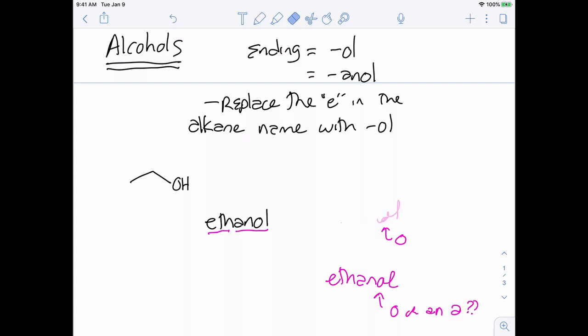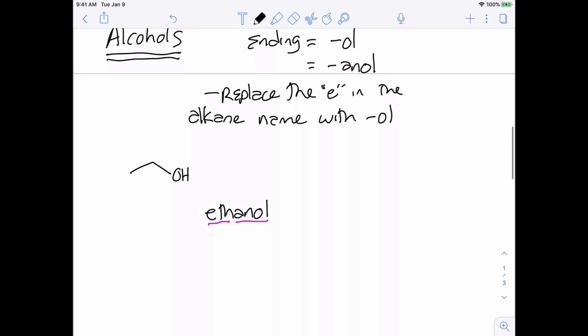A lot of times if you just have one letter wrong in your spelling, I wouldn't really take a ton off. But because it actually makes it a different functional group, it's going to be marked wrong. So ethanol and ethanal are actually 2 different things. They're both correct names, but for different structures. So just be really careful when you're writing these out that your O looks like an O. Otherwise, you're naming an aldehyde functional group.